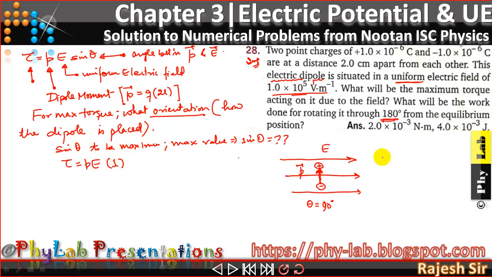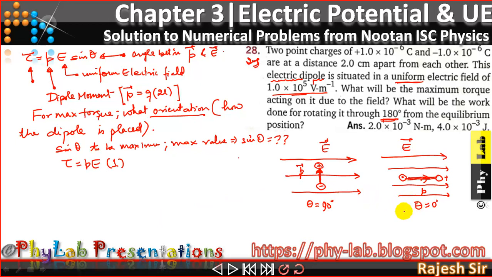Now what I can do, I can place the dipole in some other orientation also. For example, once again you can see here the electric field is directed from left to right, and the dipole is now placed in such a manner that the dipole moment, can you see this line? This is the dipole moment, and the dipole moment in this case is making an angle of 0 degree.